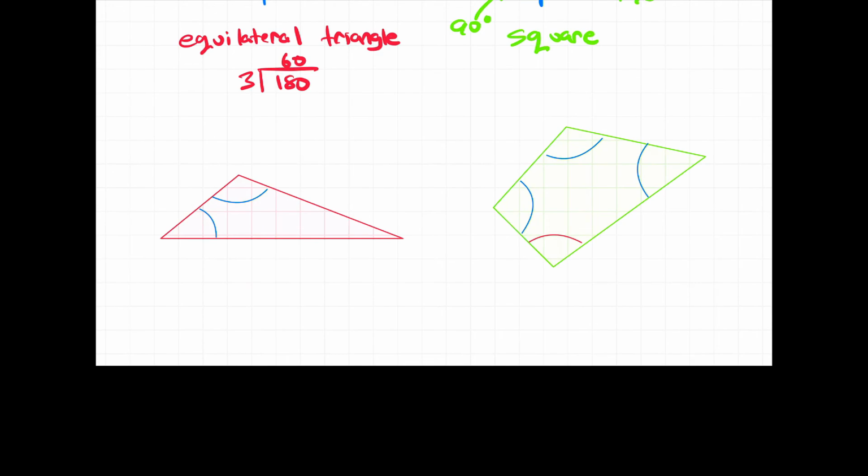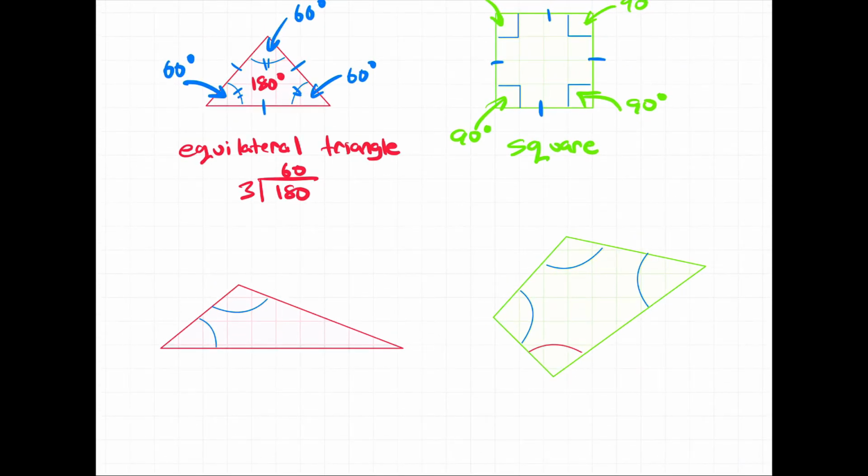Okay, now we're down to our last 2 geometric shapes here, and in this case they're not really recognizable or named shapes. I just have on the left a triangle with 3 different sides and 3 different angles, and the quadrilateral to the right actually has 4 different sides, which means it would have 4 different angles.